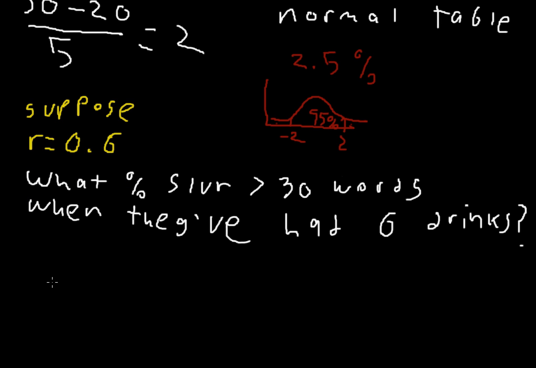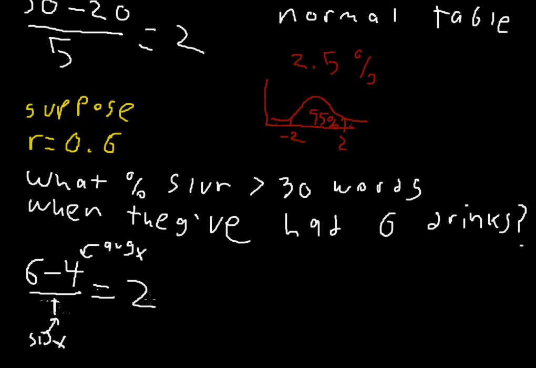Because 6 minus 4, the average x, since we made drinks x, divided by 1, the standard deviation of x, is equal to 2. So we get 2 standard units.